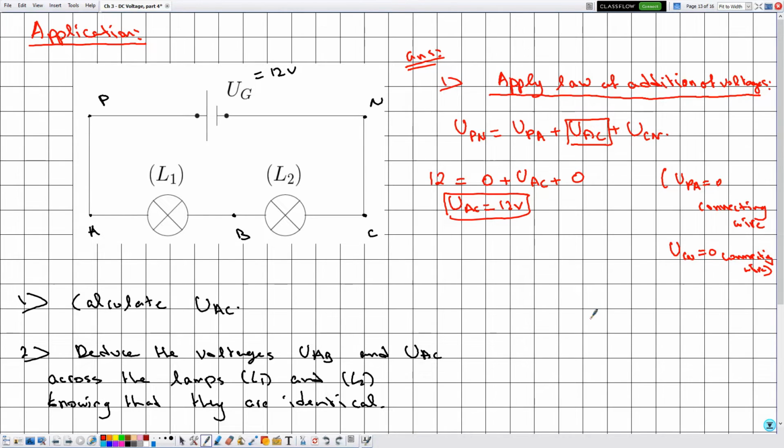Okay, so here before I proceed to number 2, let me correct the following. So this is not UAC, it's given by UBC. So the voltage across the lamp L2 is given by UBC. Okay.